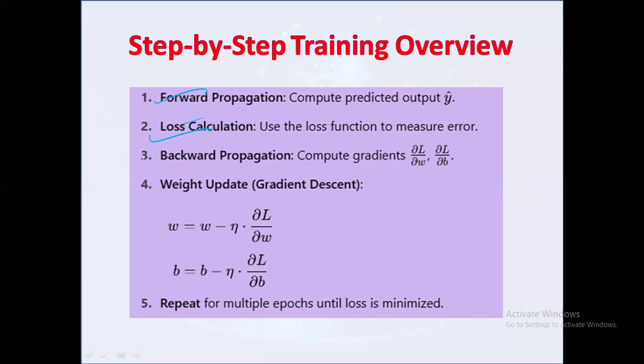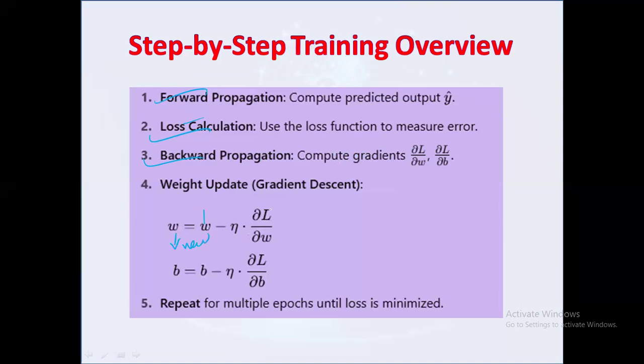In the back propagation, that is the backward propagation step, gradients of the loss with respect to each weight, that is dL by dw, and biases, dL by db, are computed. Using these gradients, weights and biases are updated, and the update is given by w new is equal to w old minus the learning rate times the gradient. This is the new weight.